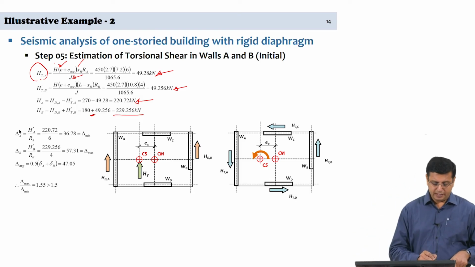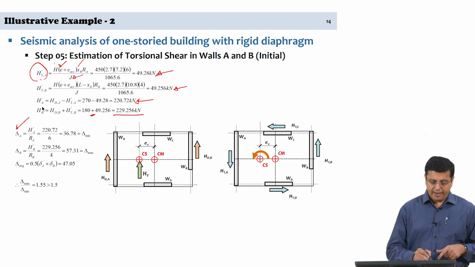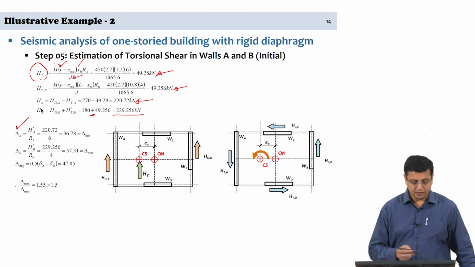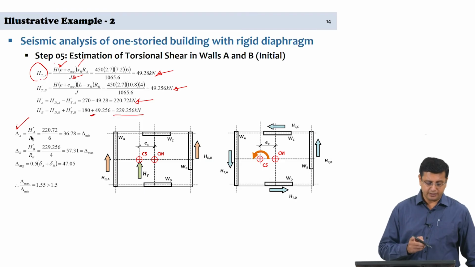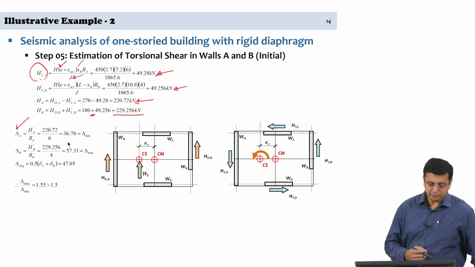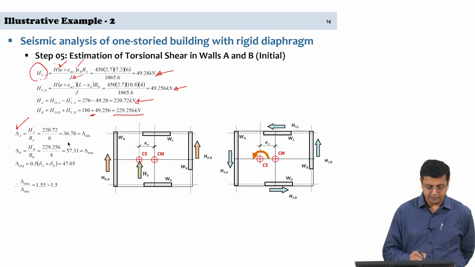So, I am estimating delta A here as H prime A, which is the initial estimate of total shear, divided by Ra. Mind you, Ra is in relative terms here, it is a relative stiffness, and therefore, the displacements do not have a unit here, but it is not essential for us.